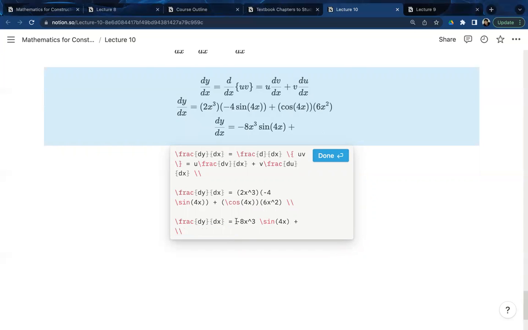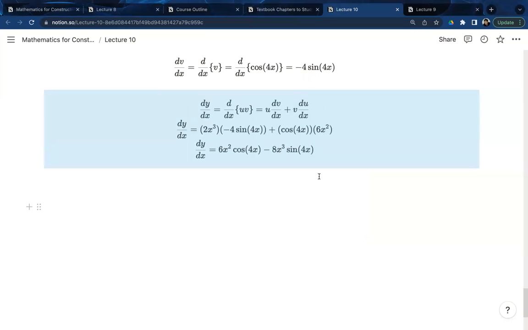Actually, I could write that first. Always write the positive term first. So 6x squared cosine 4x minus 8x cubed sine 4x.